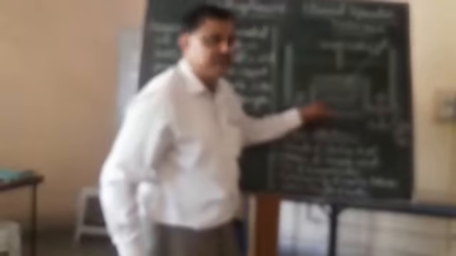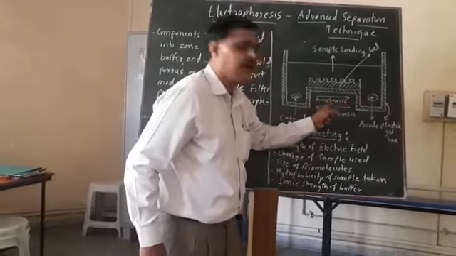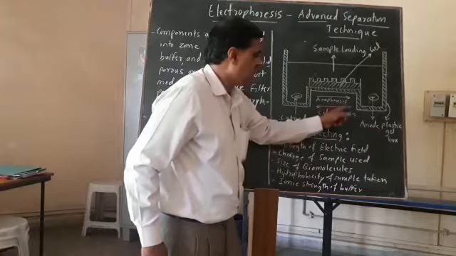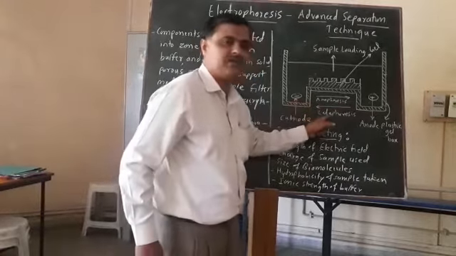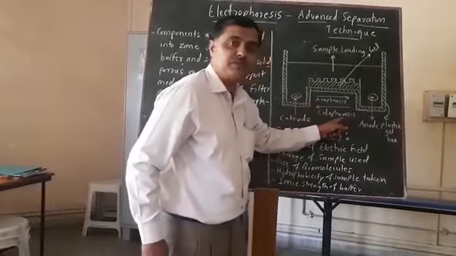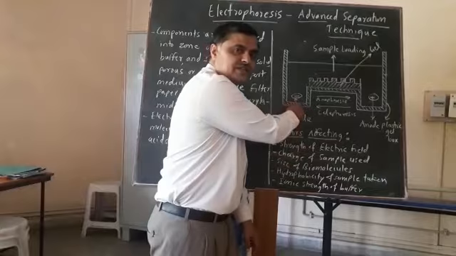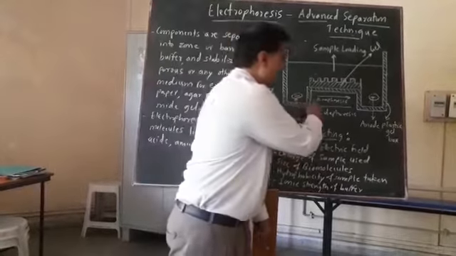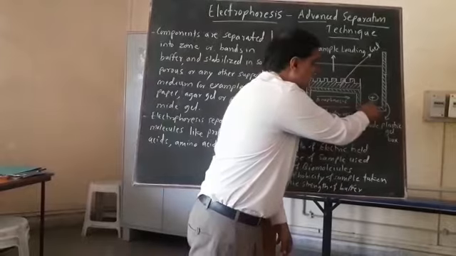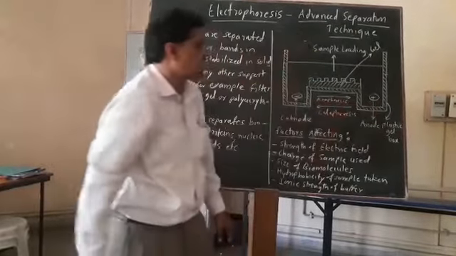The particles migrating to the anode is anaphoresis, and the particles migrating to the cathode side is called cataphoresis. That means positively charged particles migrate to the negatively charged electrode and negatively charged particles migrate to the positively charged electrode: anaphoresis and cataphoresis.